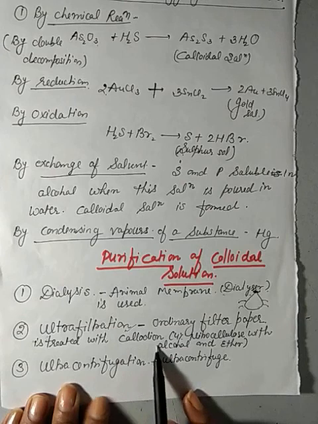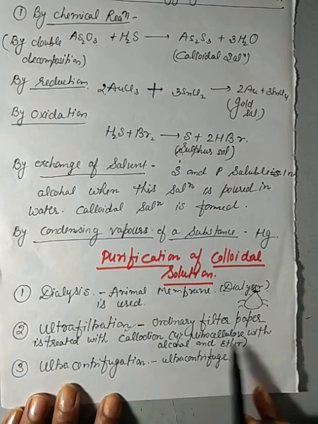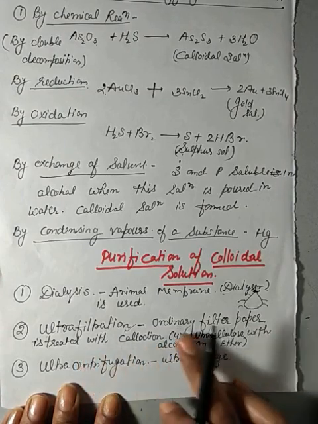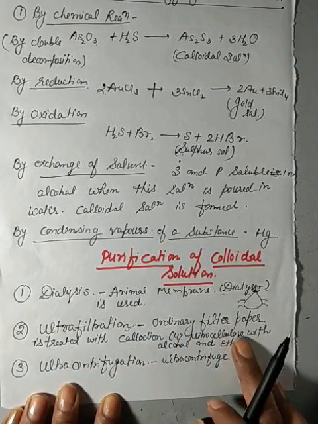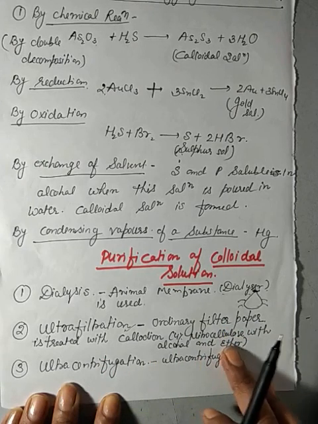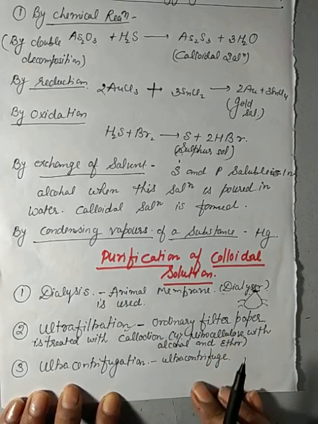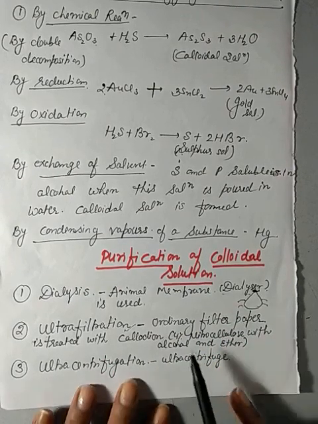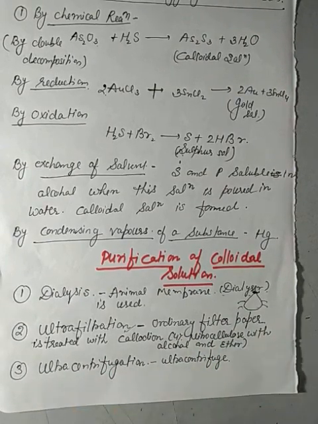Now what is collodion? It is a 4% nitrocellulose in alcohol and ether. After treating the ordinary filter paper with it, we dip it into formaldehyde, and then the pore size of the ordinary filter paper is reduced.